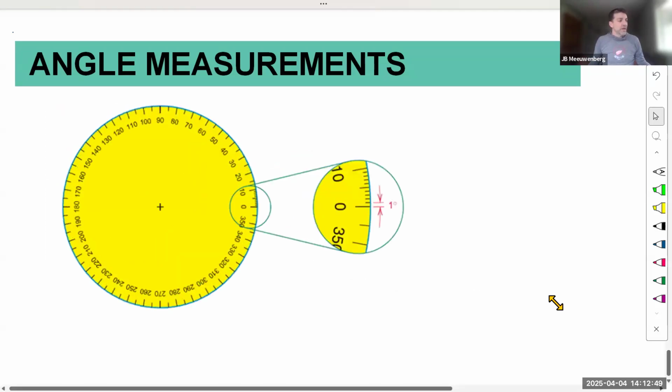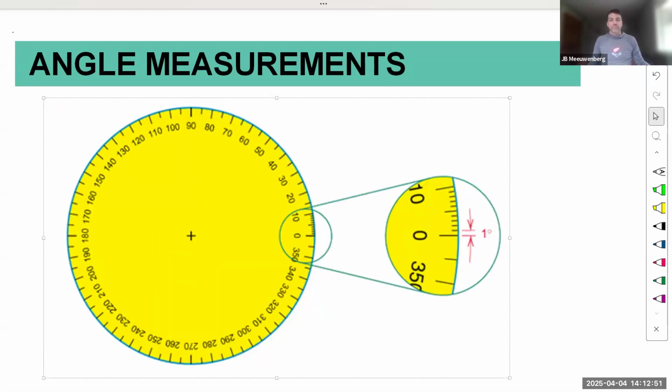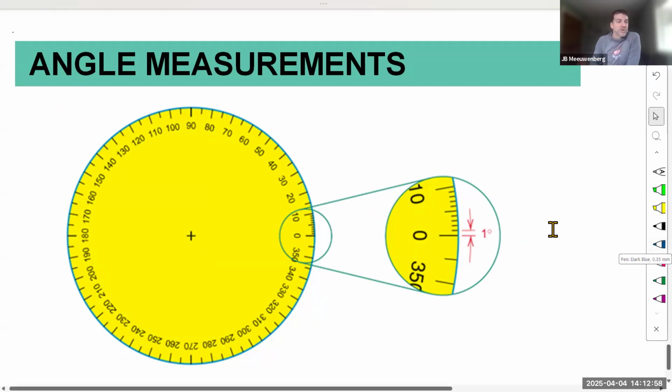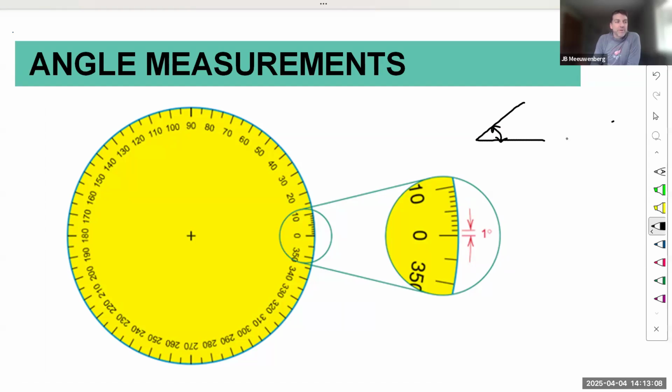Here is a circle. And the ancient Babylonians devised a method for measuring angles. And again, we talked about angles in the last video. Here's the angle and how big that measurement is compared to, say, this one, or say, this one.